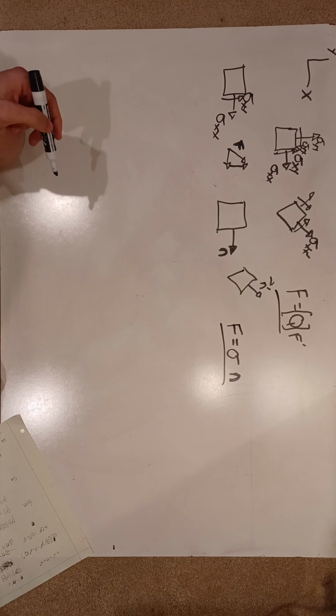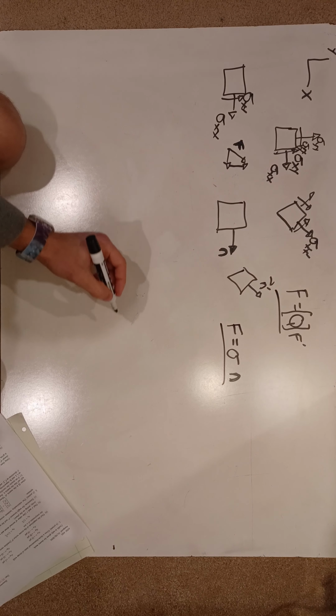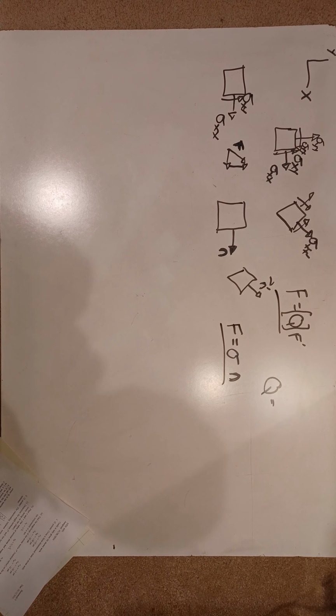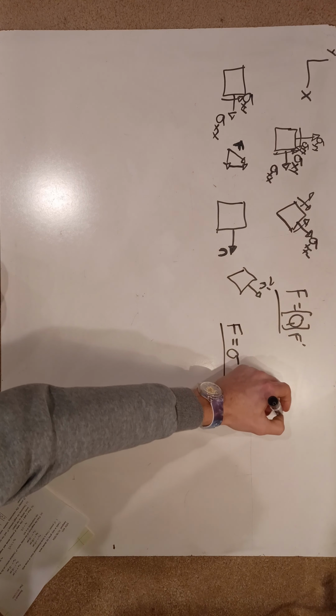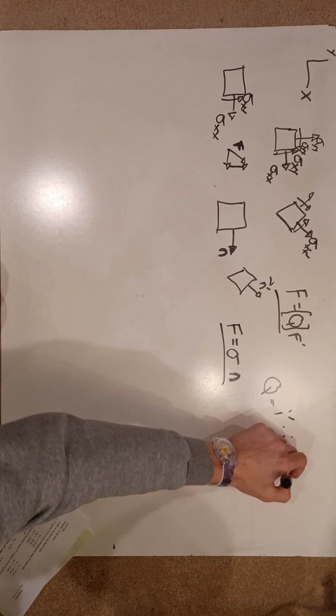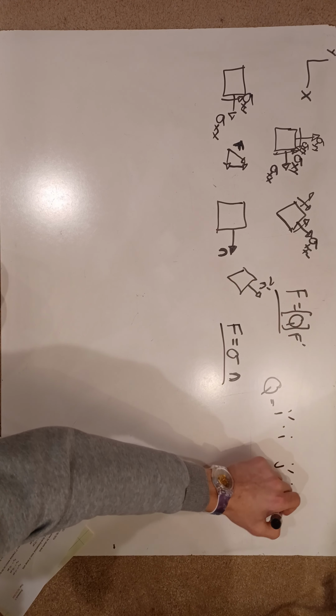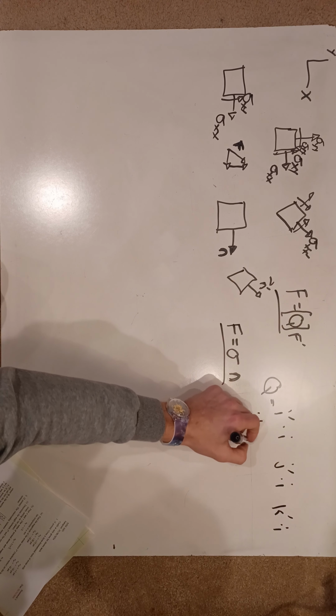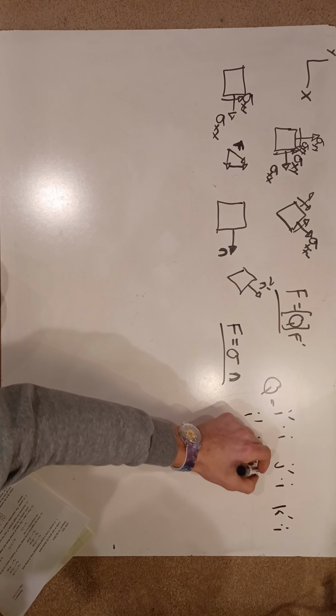And so what does that look like? Well, Q is going to be y prime times I, j prime dot I, k prime dot I, so on.